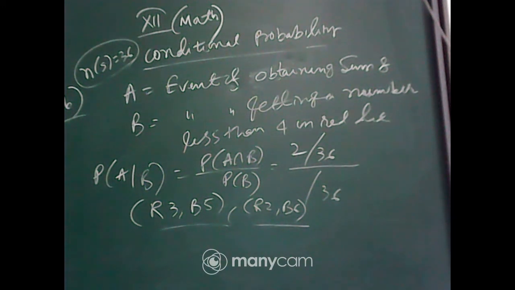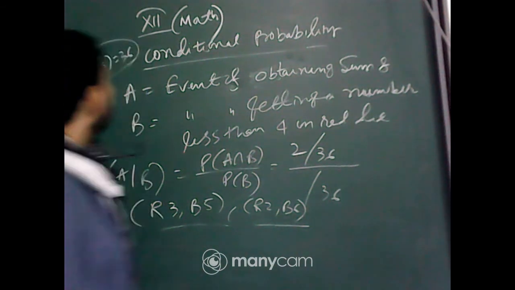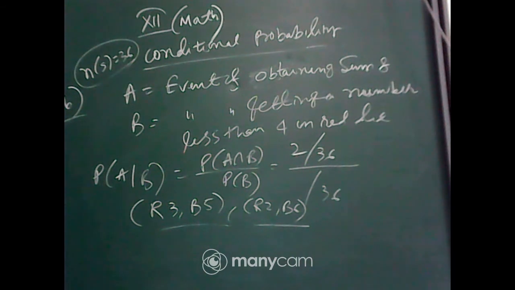P of B, how many favorable cases are there in B? B means the red die shows less than 4, that means half the number of cases of the sample space.